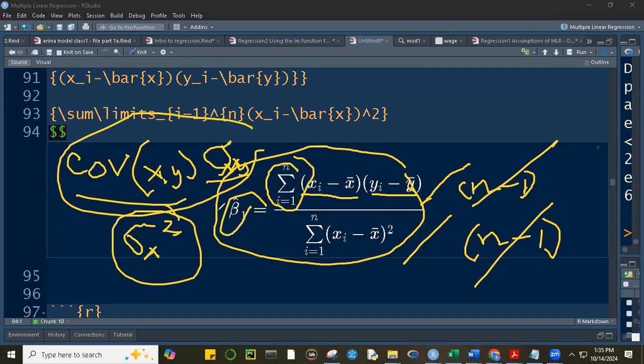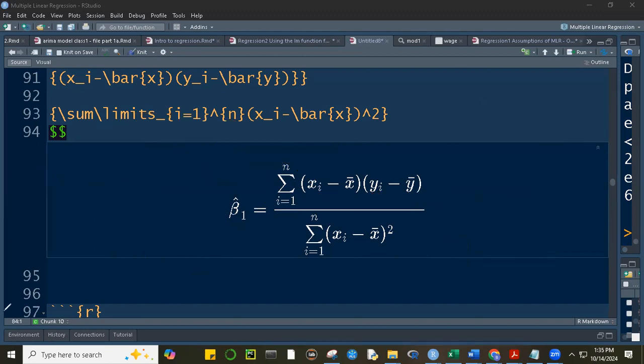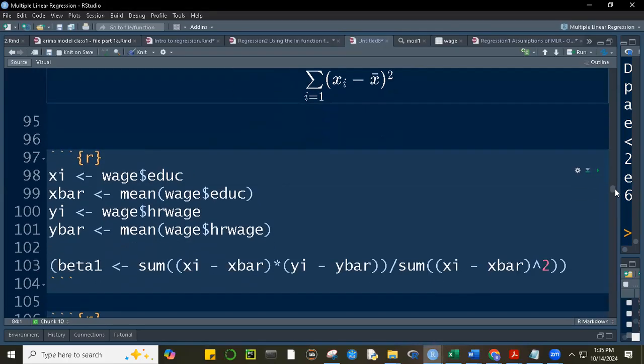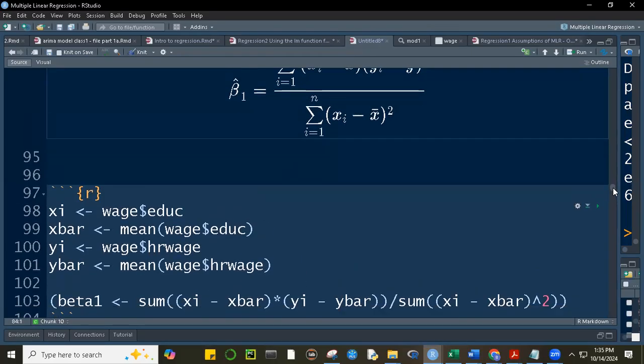Okay, so very quickly now, let's just show this in R. Gamitin natin ito. Ang formula natin, di ba, x minus x bar. So we can create this object x1, which is wage dollar education. That will now create a vector ng values ng education.